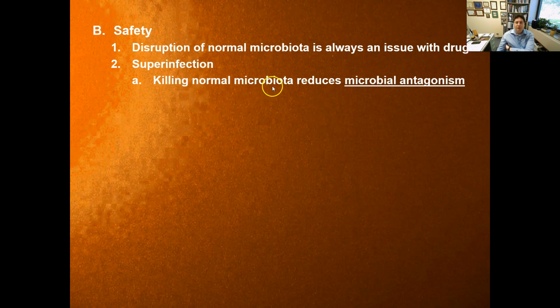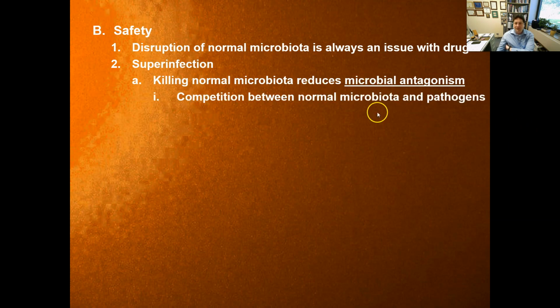When you kill normal microbiota, you reduce what's called microbial antagonism. This is the natural competition that results between your normal microbiota, your good bacteria, and the bad bacteria, the disease-causing ones, the pathogens.